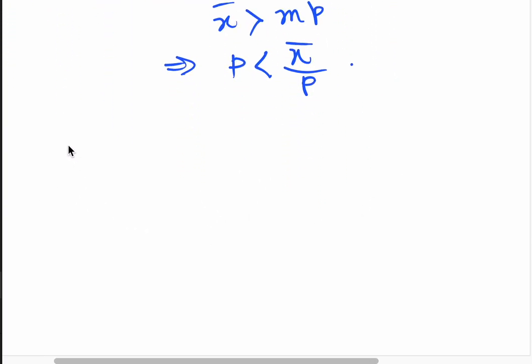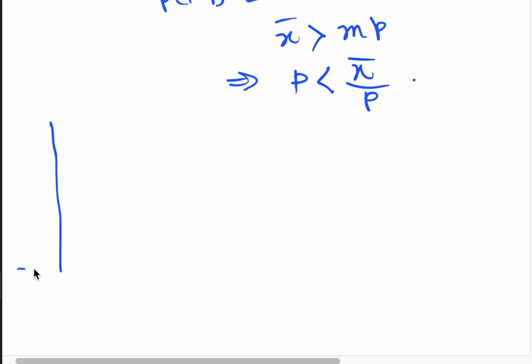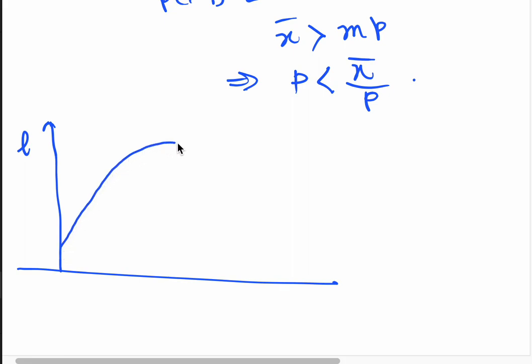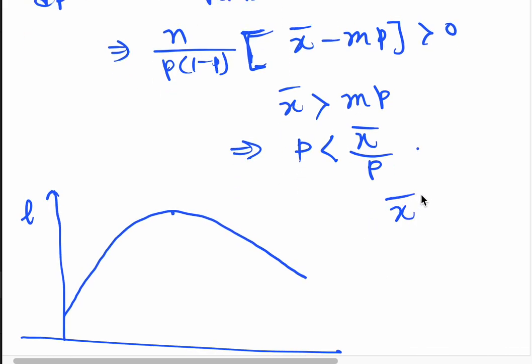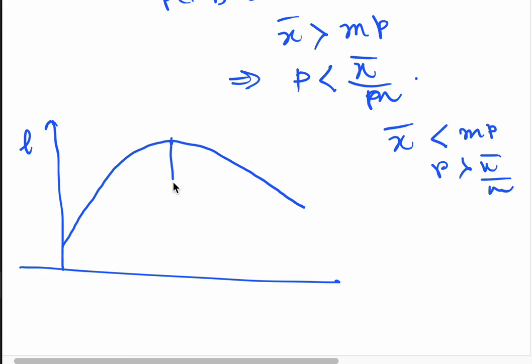So the graph will look like this: if this is the likelihood function and this is p, for p equal to 0 it has some value, and from there it goes increasing, and then you can easily see that it will decrease when x bar is less than mp, that means when p is greater than x bar by m. So this is p, and this is x bar by m.